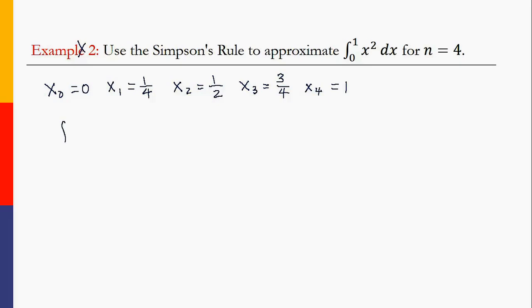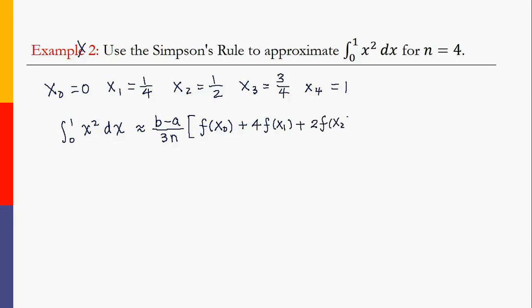According to Simpson's rule, we can approximate this integral by using the formula (b minus a) over 3n times the first endpoint f of x0 plus, again the pattern is 4 f of x1, 2 f of x2, 4 f of x3, and we end right here, and plus the last endpoint f of x4.